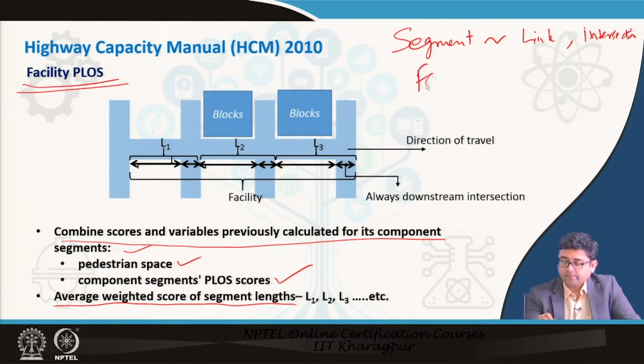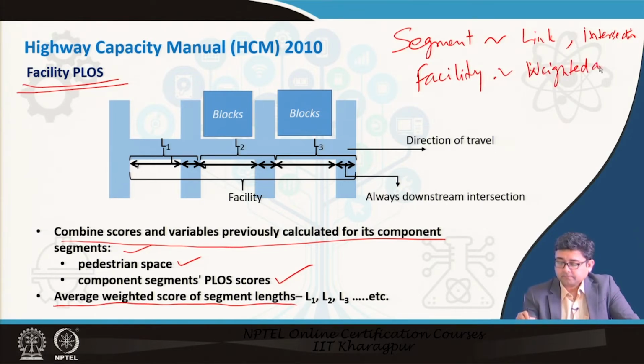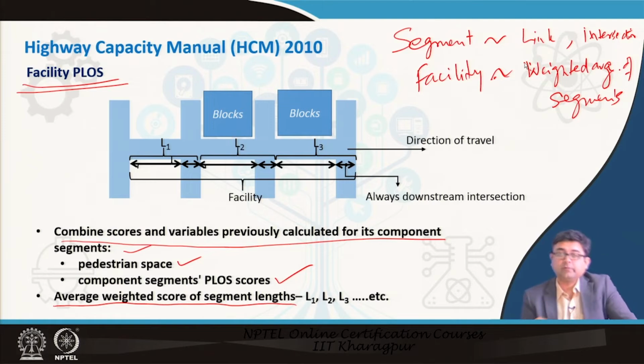whereas a facility is a combination, is a weighted average combination of segments. Okay. That is how you have to remember, if you just have to remember it off the top of your head. So, we already know all of this.